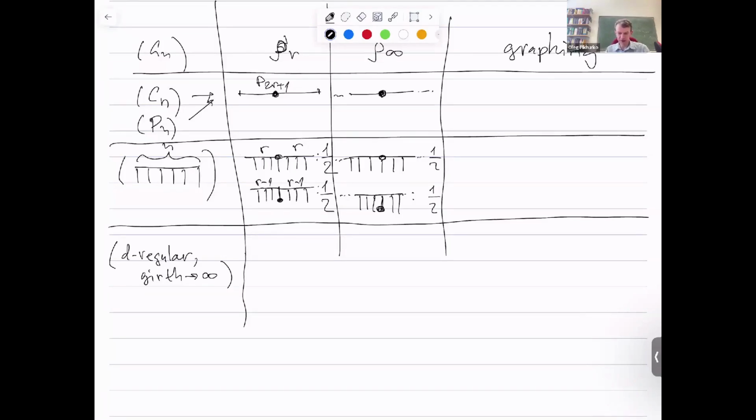So in this case, if you pick a random point and you go distance r, you don't see any cycle, and the graph is regular, so what you are going to see is a tree of depth r which is d-regular. I just draw the case d equals 3. So you continue until depth exactly r. And as a limit on countable graph distributions, you will again get a Dirac measure, always equal to the rooted d-regular tree.